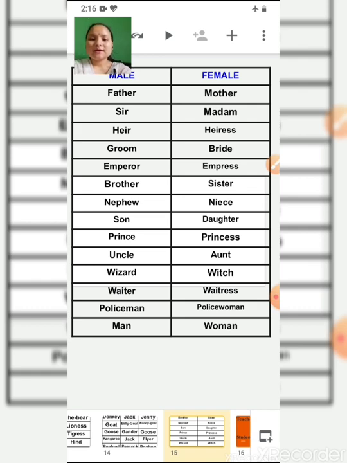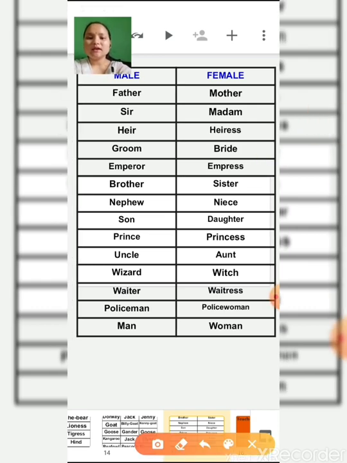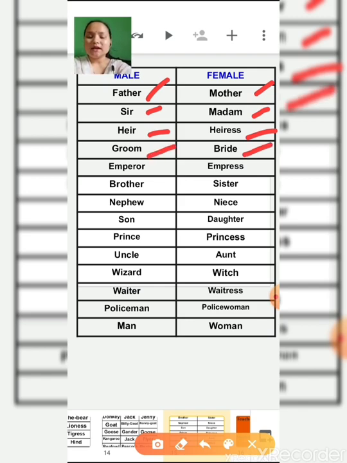So male is father, female mother. Sir, female will be madam. Male heir, female will be heiress. Male groom, female will be bride. Then male emperor, female will be empress.